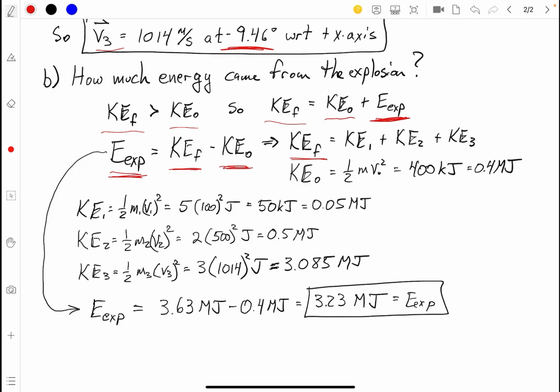KE final is equal to KE1 plus KE2 plus KE3. And we figured out what all those things were. Well, we didn't figure out those yet, but we figured out their velocities. We know their masses. So if we know their masses and we know their velocities, we can get their energies. That's not hard because 1/2 m1 v1 squared, 1/2 m2 v2 squared, 1/2 m3 v3 squared.